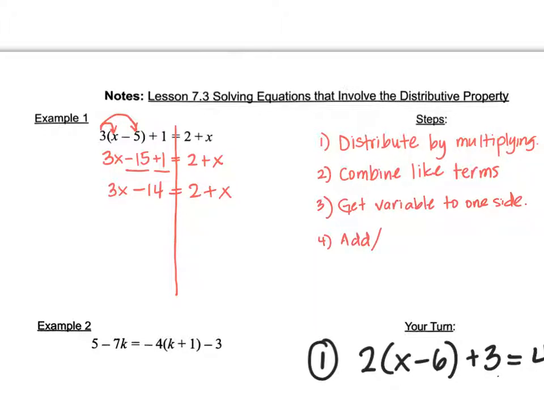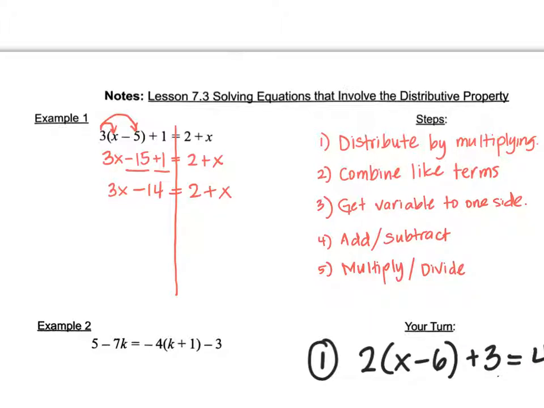And you're going to add or subtract the constant, that is with the variable. And then the last step is, again, if you need to, multiply or divide. That's to make a 1 with the variable.